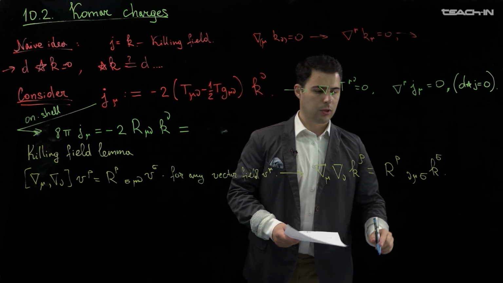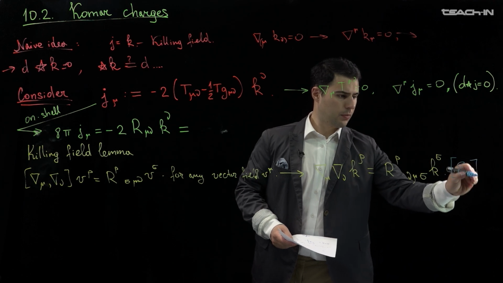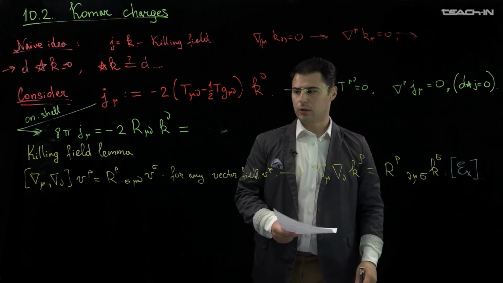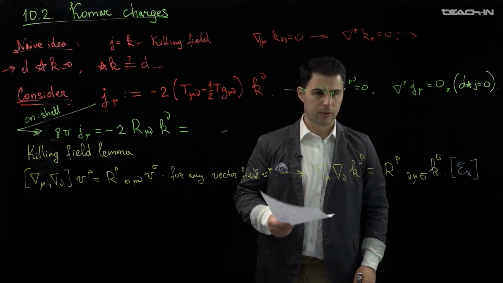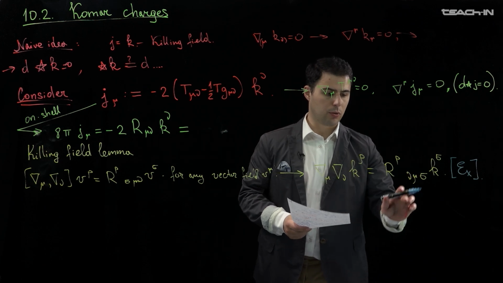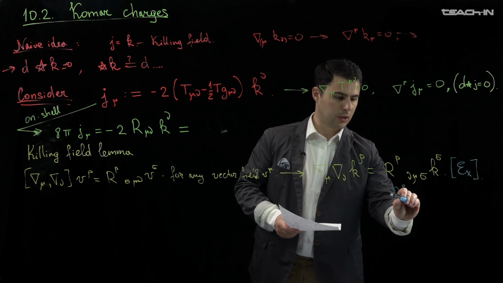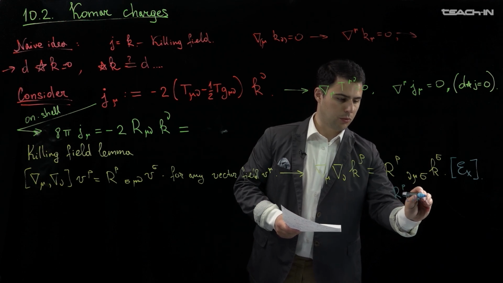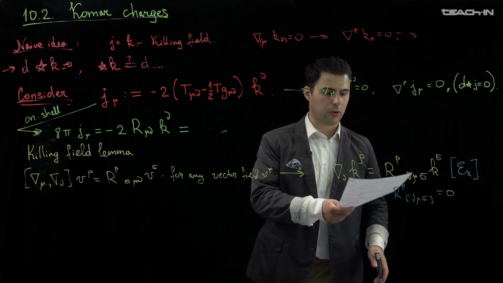So showing this statement is an exercise, and as a hint, we are using first of all the Killing field equation, and secondly the algebraic Bianchi identity, R_[μνσ]ρ equals 0, to exchange the order of the indices.